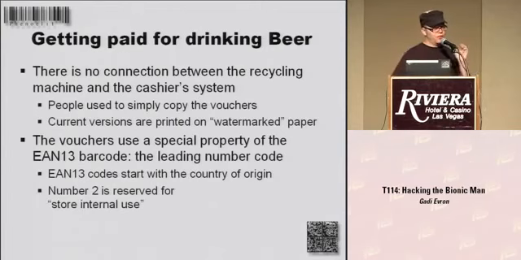The thing is, in those systems, they actually have no connection between the recycling machine and the cash register. That means all the information has to be on the barcode. There is no other way to transport the information. And the vouchers that come out of the machine are EAN 13, which is like our version of UPC. It's just a bit longer.